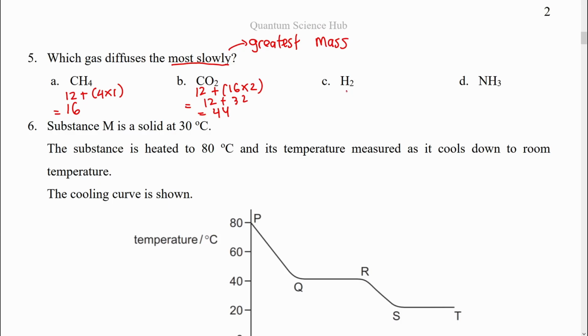And hydrogen is 1 times 2 here because it's H2, so equals 2. While here nitrogen is 14 and hydrogen is 1 times 3 because we have 3 hydrogen, so it's going to be 17. So which has the greatest mass in here? That's going to be 44, which is carbon dioxide. So the correct answer is B.